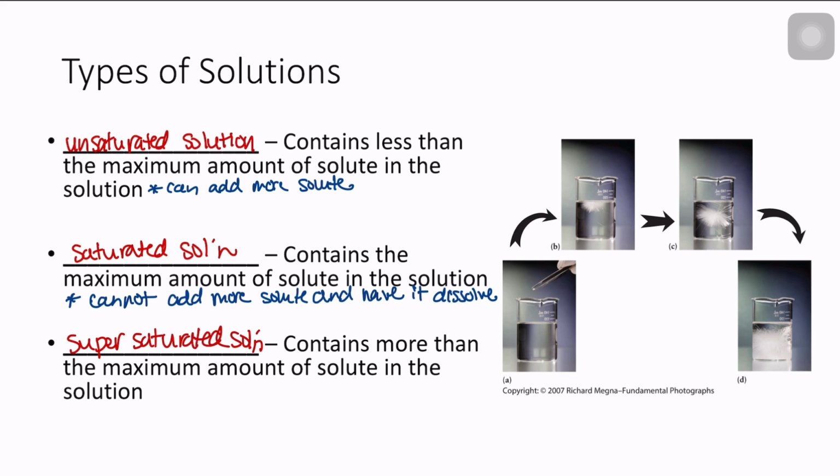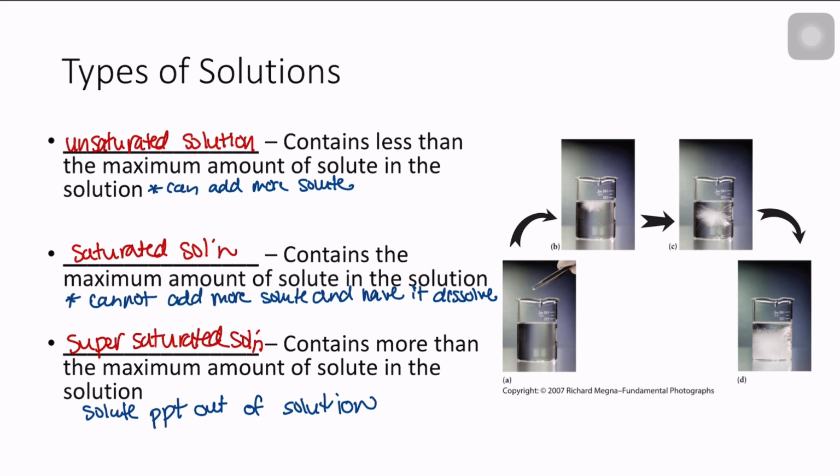So the solute actually precipitates out, and you can see it starts forming these crystals in the solution. Supersaturated solutions are also very unstable, meaning that it's very hard for the water to completely surround the solute particles. For that reason, the solute particles can come out of solution very, very easily.